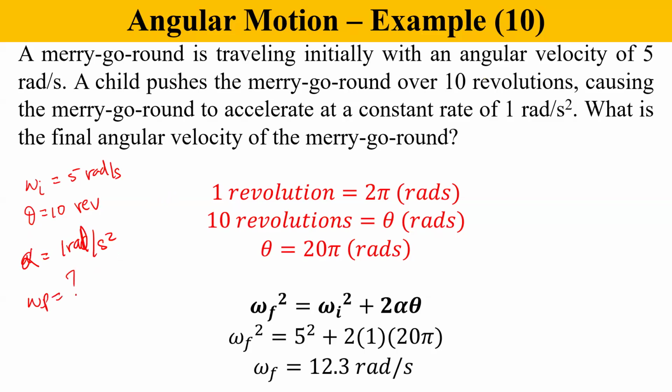So the first thing you have to do is convert the 10 rev to rad. You go back to basics: 1 rev is equal to 2 pi. Everybody needs to remember that 1 rev is equal to 2 pi radians. So if that's the case, how many radians do I have?